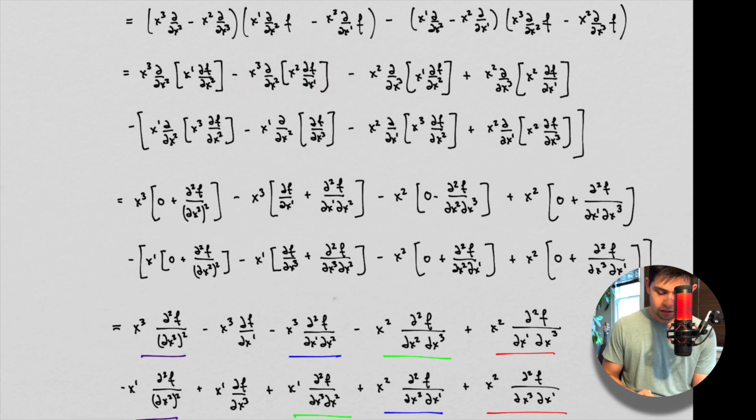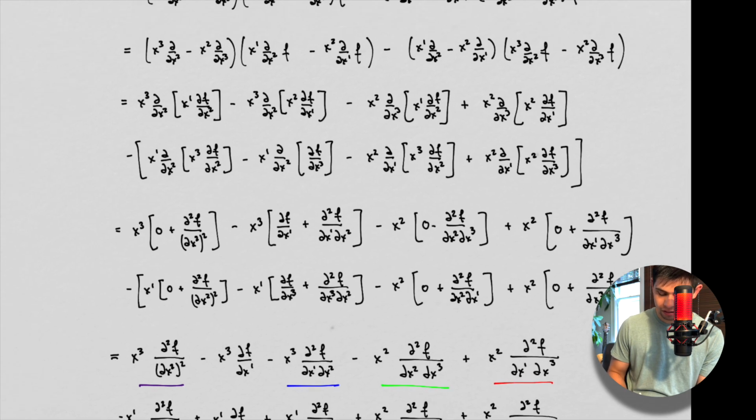I'm not going to go through all of this again because it's pretty long, but you can pause the video and see how this plays out. Everything gets longer, everything gets uglier before it gets nice. But this is what we get.